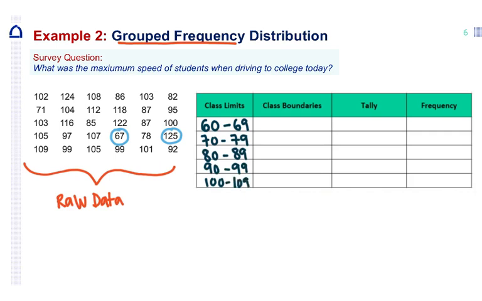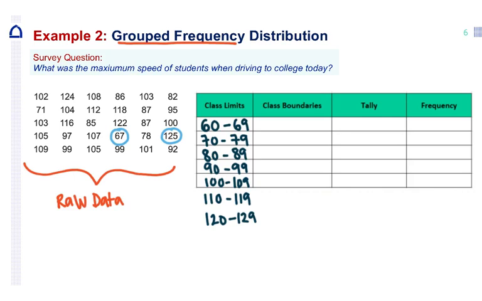I have to keep going because I need to make sure that I include the highest number. So I'd have to go 110 to 119 and 120 to 129. So in order to follow the rules where I include every number in the data set, I would have to make 7 classes if I made the classes the way I just did.